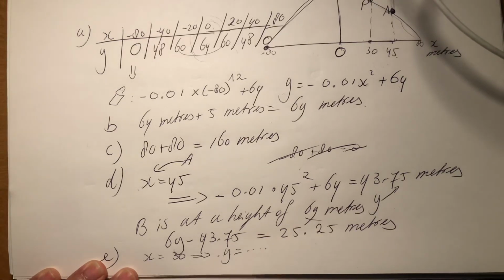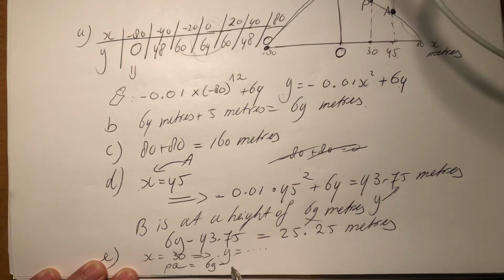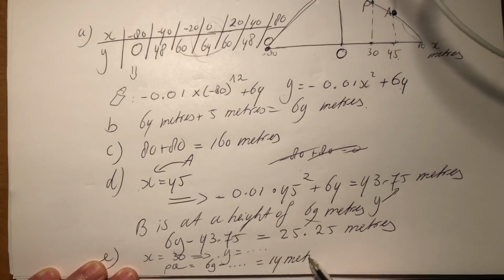And then subtract for PQ, the distance between P and Q. You get again 69 minus that y that you found. And if you do it correctly, you must have as your final answer for the distance between P and Q 14 meters. So figure out y for yourself.